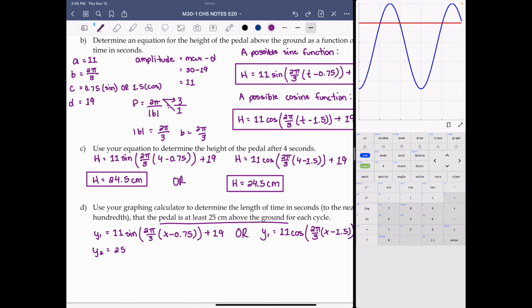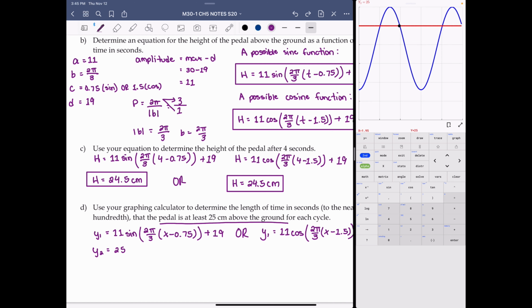I want to know the length of time in seconds that the pedal is at least 25 centimeters above the ground for each cycle. So looking at the first cycle, which goes from the minimum down to this minimum, the pedal is at or above 25 centimeters in this region here.